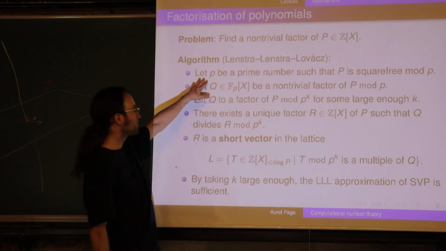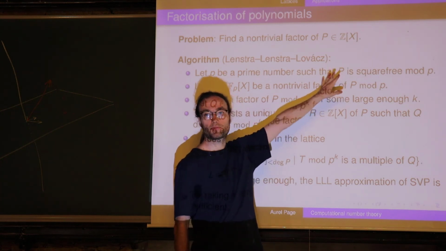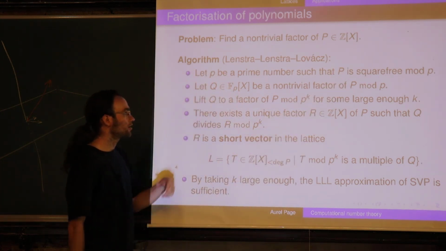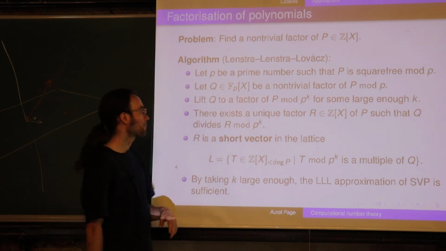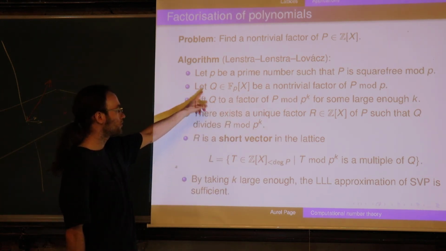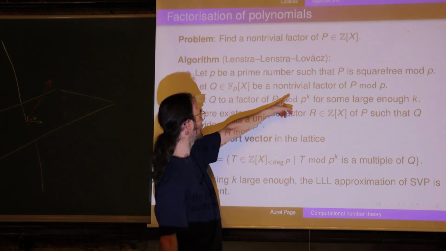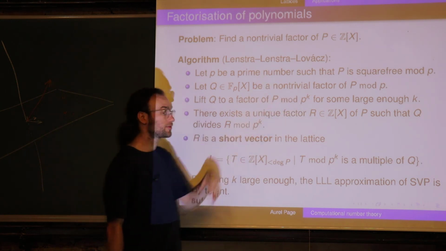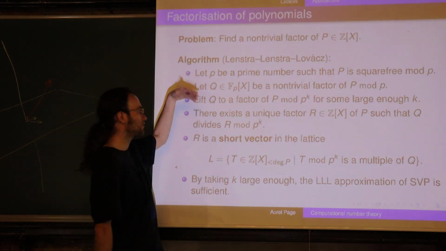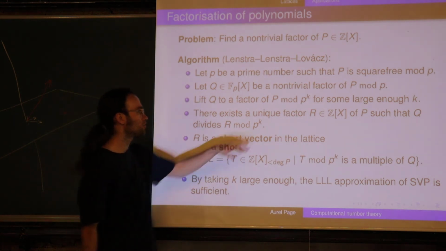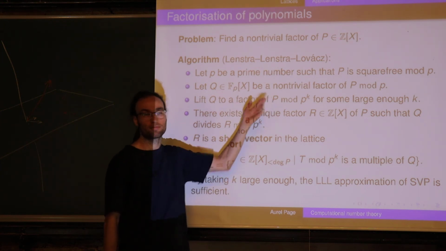So you take a prime number, and you make sure that your polynomial is square-free mod P. And you factor it over Fp, so this we know that we can do efficiently. And we consider one of the non-trivial, okay, I said non-trivial factor, but here I really mean irreducible factor. Take Q an irreducible factor mod P, and you lift this factor modulo some higher power of P. You can do that with the Hensel type of lifting.